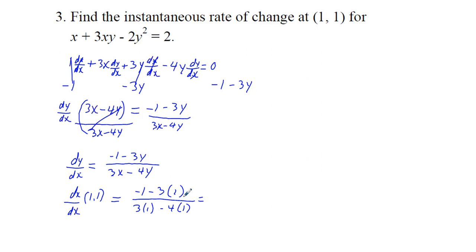And that's going to be equal to negative 1 minus 3, which is negative 4, over 3 minus 4, which is negative 1. And so we conclude, I'm going to work to the right here, dy/dx at 1, 1 is equal to 4. So that will be our answer. I put dx here on the left. It should be dy/dx.